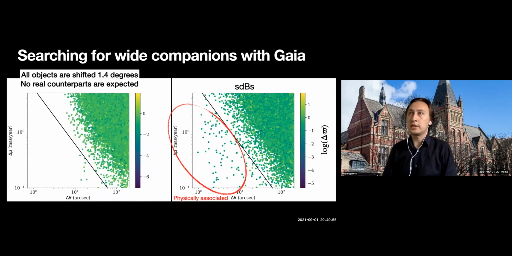Well, we can just shift all our targets by 1.4 degrees in declination or in right ascension direction and perform this procedure once again. And it's clear that this part of the diagram, the left lower corner, becomes much emptier. So most of these objects are probably indeed physically associated with our post-common envelope binaries.